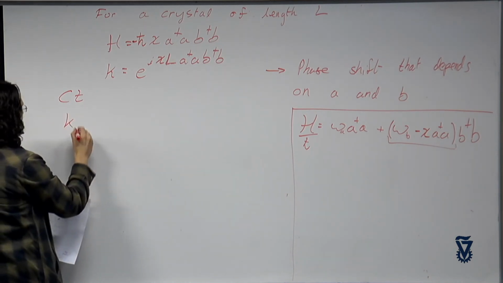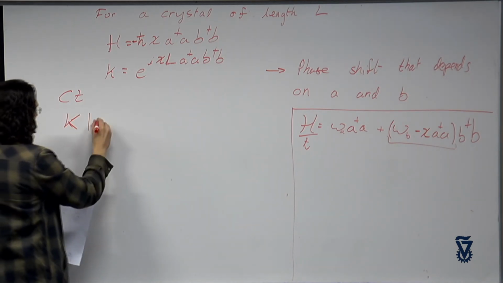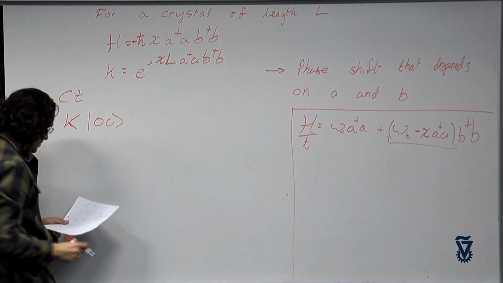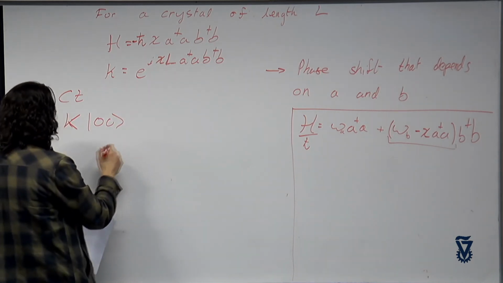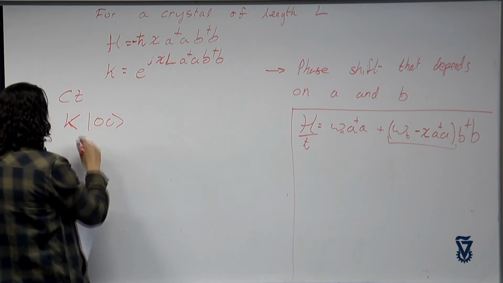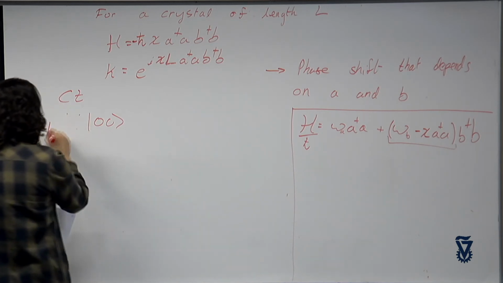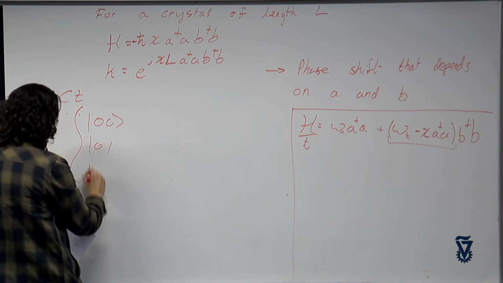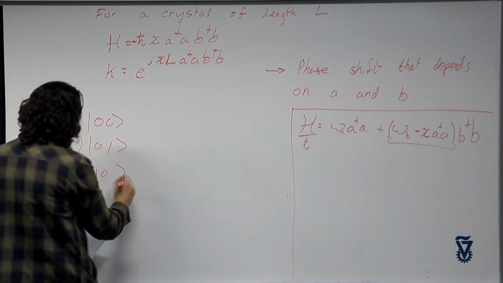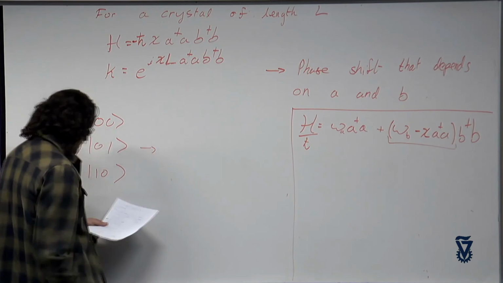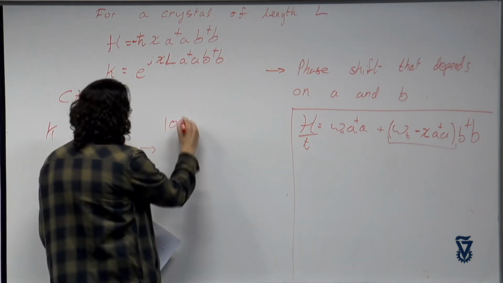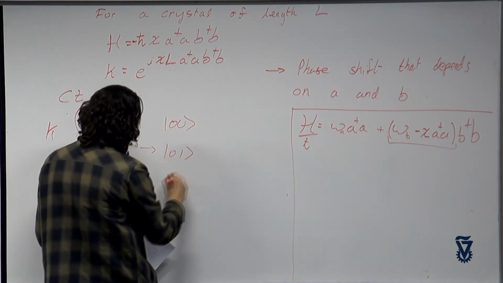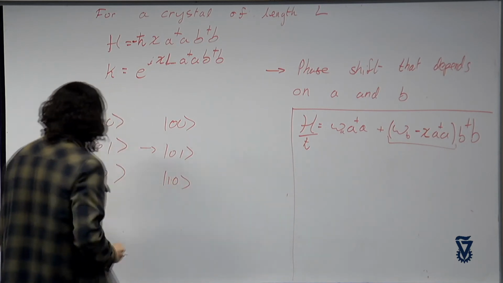So if I operate K on either 0,0, 0,1, or 1,0, we will get the exact same states out: 0,0, 0,1, and 1,0.